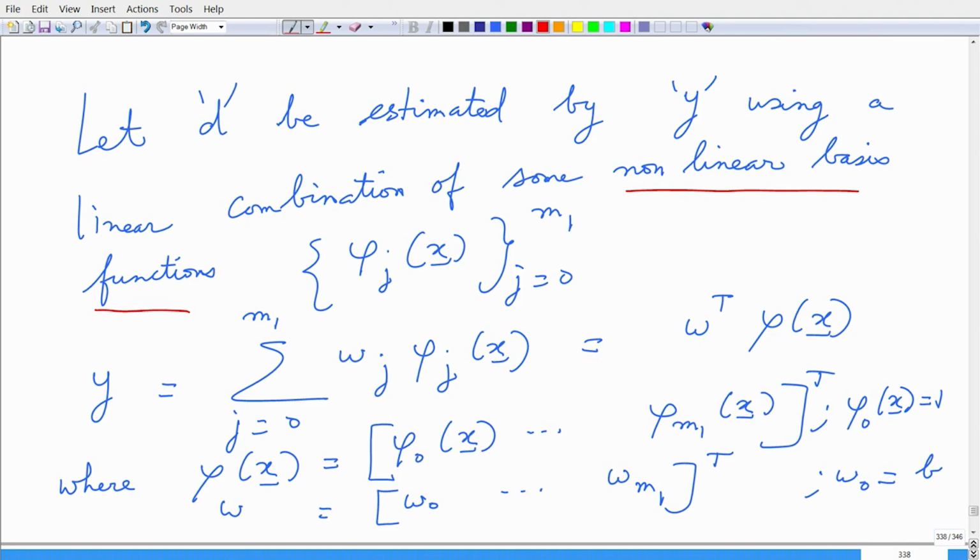This can be thought of as the inner product between w and phi of x, where w is the weight vector w naught so on till w m1. I am folding the bias in the first coordinate, and phi of x is phi naught of x so on till phi m1 of x, with phi naught of x equal to 1, because I have to accommodate the bias. So this is a pretty straightforward formulation.